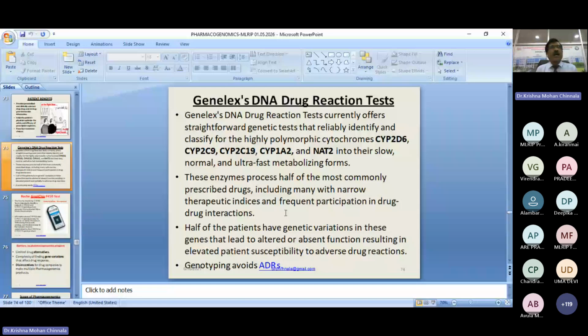Okay, these enzymes process half of the most commonly prescribed medicines, including many with narrow therapeutic indices. And here we have to discuss an important thing. If a drug has a narrow therapeutic index, doctor monitoring is mandatory, like digoxin. Digoxin has a narrow margin of safety.